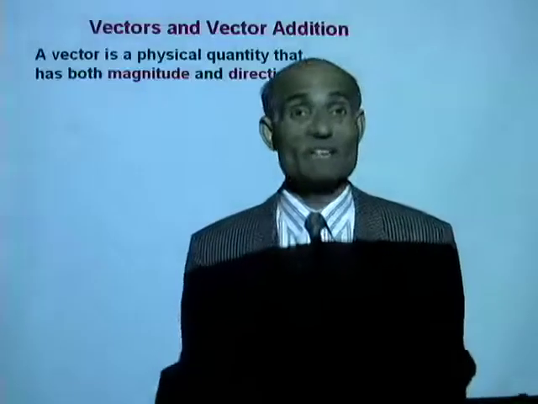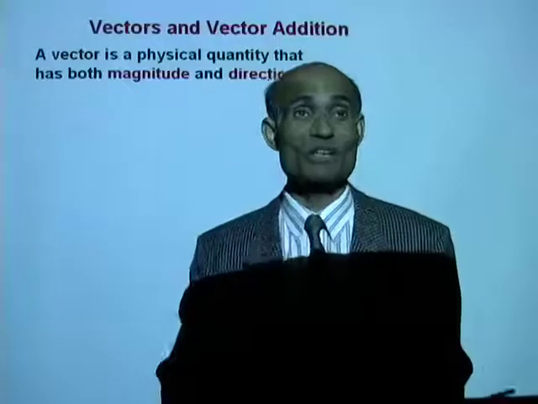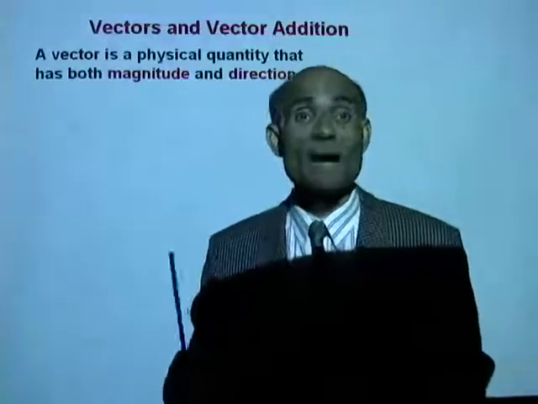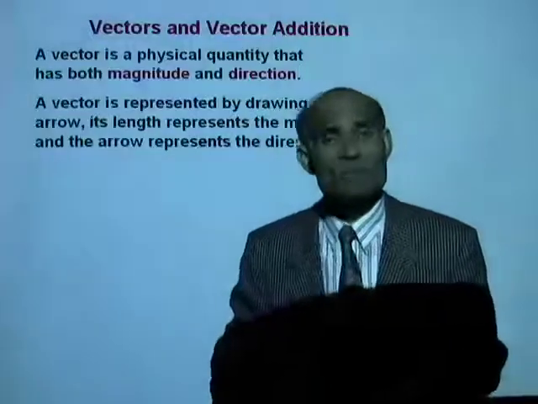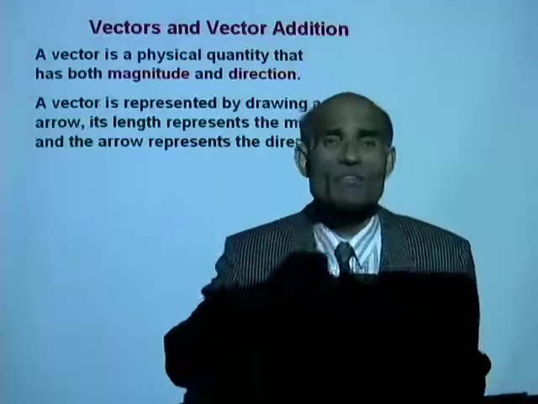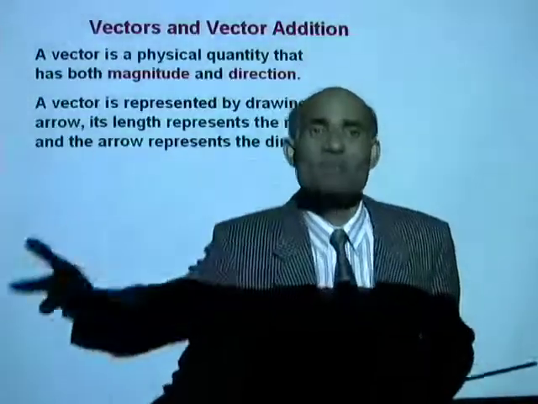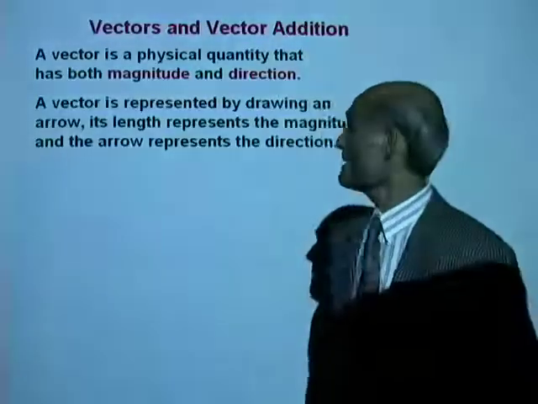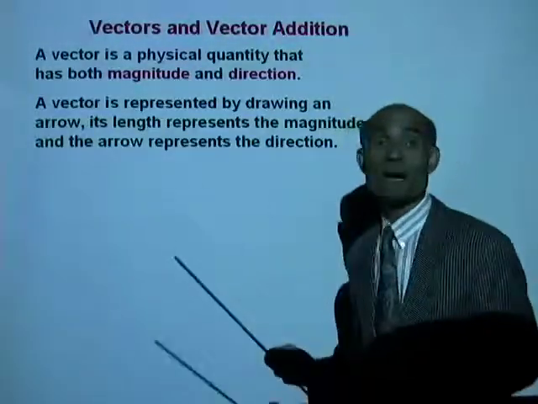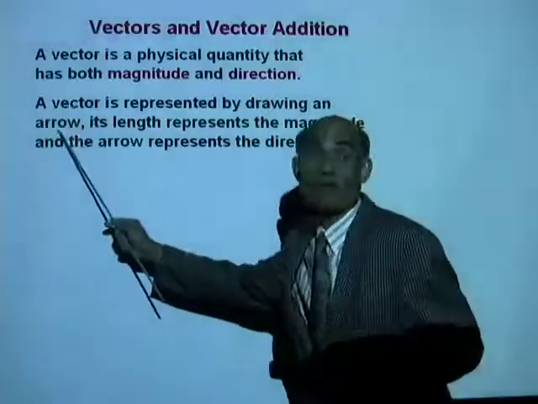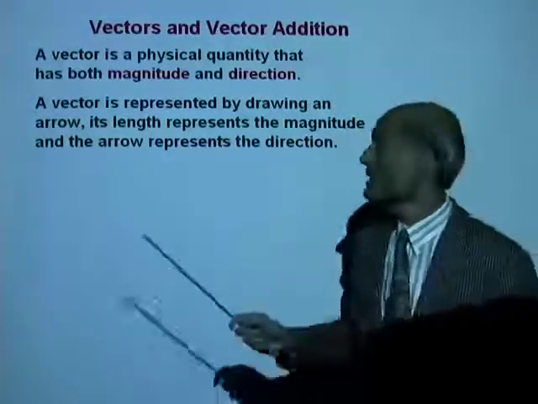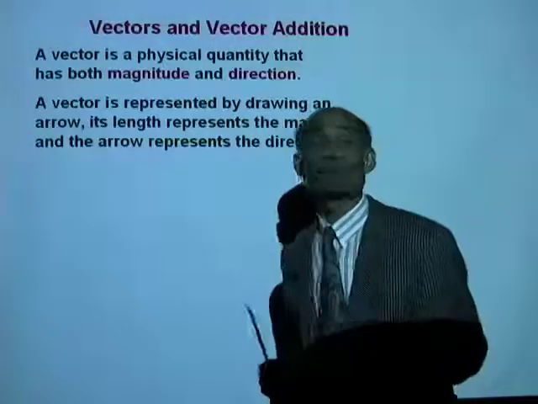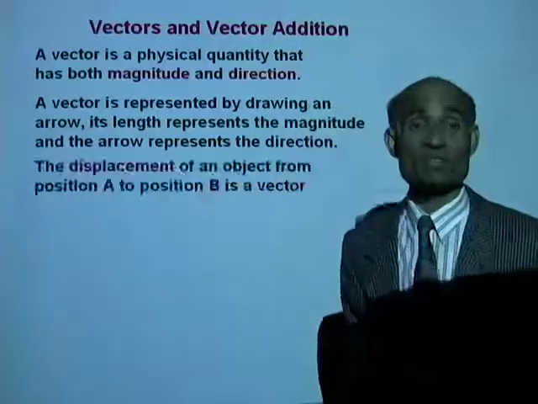A vector is a physical quantity that has both magnitude and direction. Now, how do we represent a vector when you want to write a paper on it, for example? A vector is represented by drawing an arrow. Its length represents the magnitude and the arrow will represent the direction.